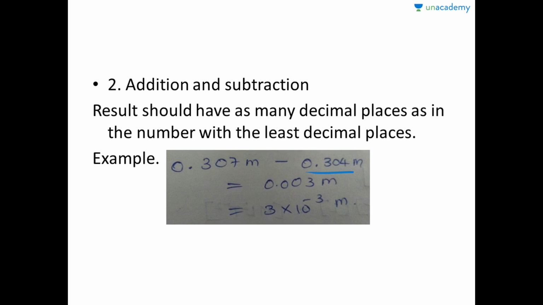So, as you get the result as 0.003 meter, you can write this as 3 into 10 raised to minus 3 meter. Here minus 3 is the order of magnitude, and so the significant numbers will be 3.